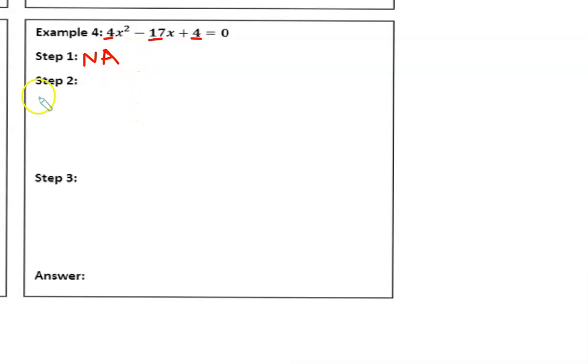Okay, so step 2 is to factor it. I'll just do slide stop again, that's fine. So slide stop, I'm going to set up my parentheses with the x and the x. All right, so slide front times back.